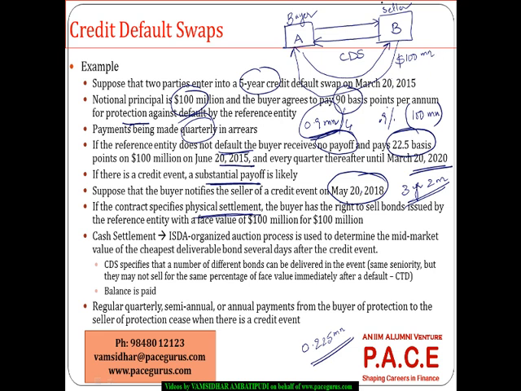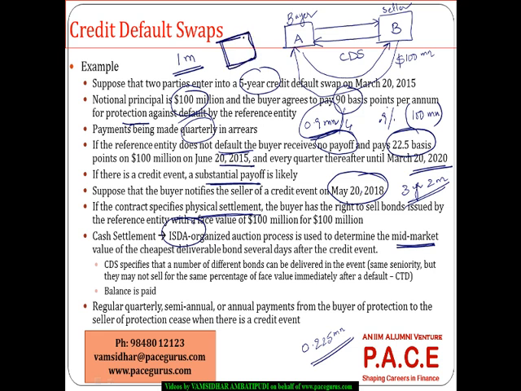But if it is a cash settlement, there is a process to find the value of the bonds. There is an ISDA organized auction process which will determine the mid-market value of the cheapest to deliver bond after the credit event. Say one month after the default has occurred, you find out the value of the bond.